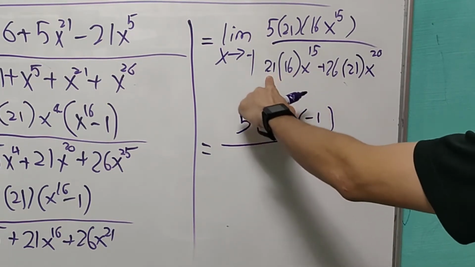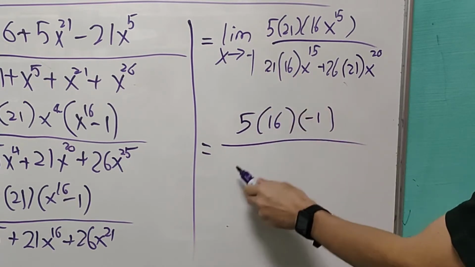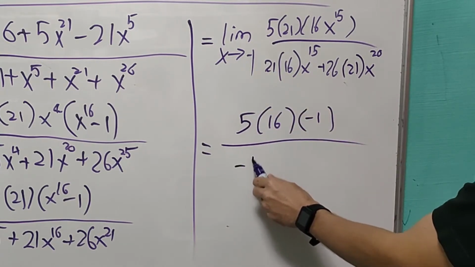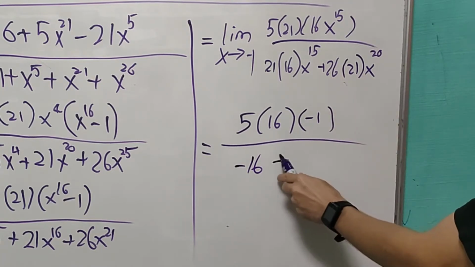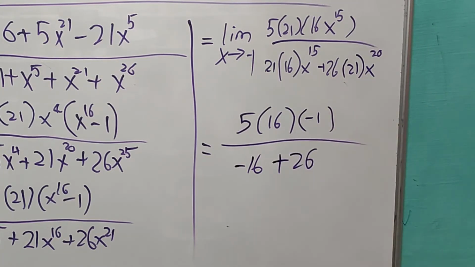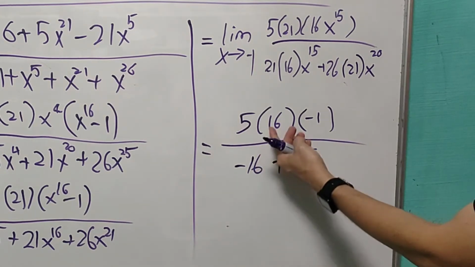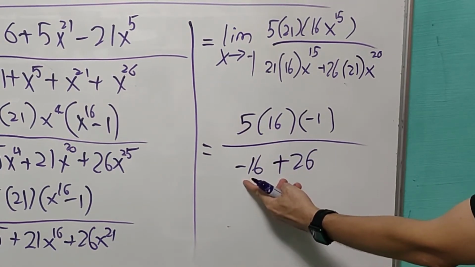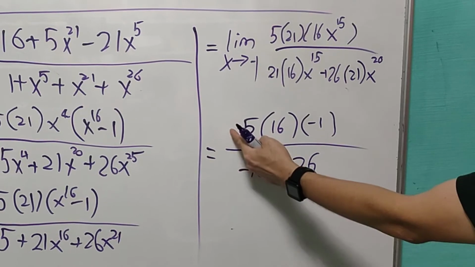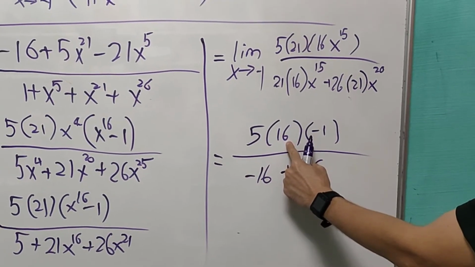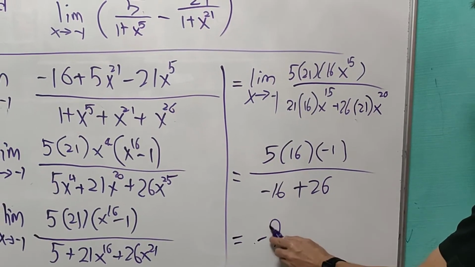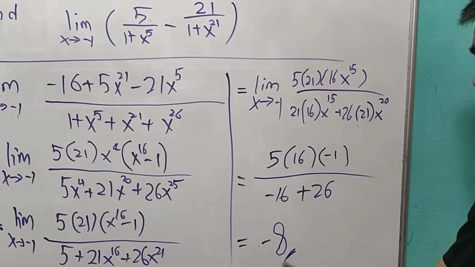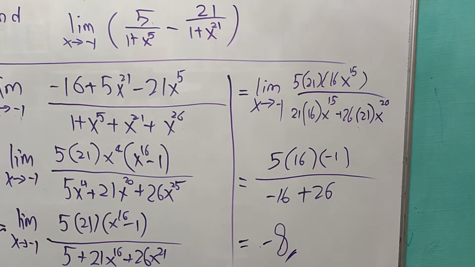After canceling the 21, this is -16, and this is positive 26. So the denominator is equal to 10. Cancel with 5, there's a 2. Cancel with 16, there is 8. So the answer is -8. So this is the first method using L'Hopital's rule.